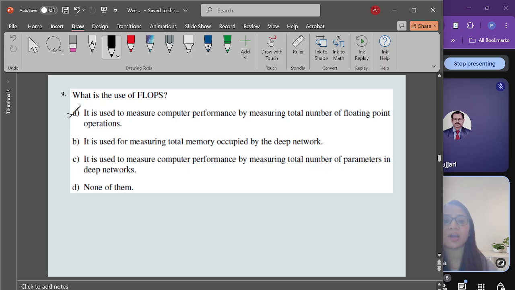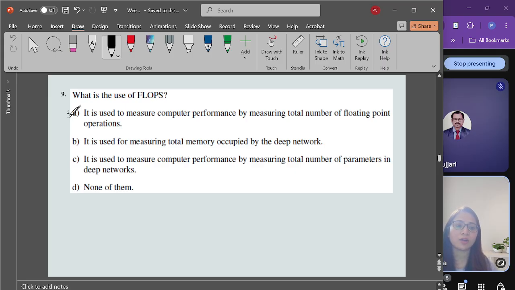So the number of parameters that we are calculating is not related to a FLOP. Okay. So option E is the correct answer for this question. The total number of parameters is actually used for the memory.